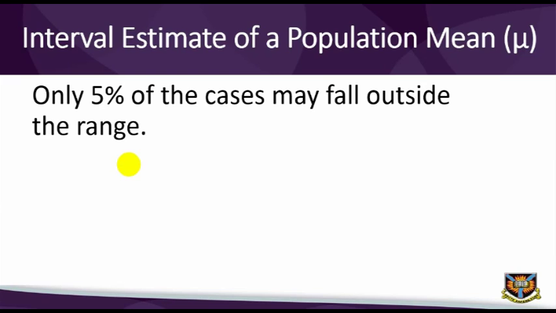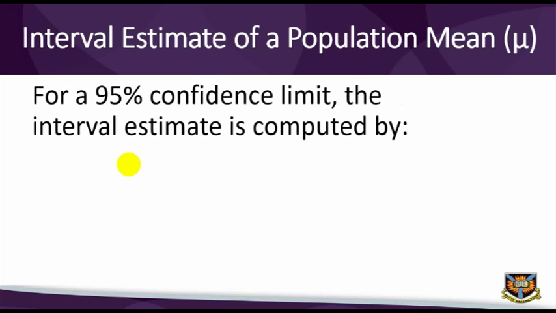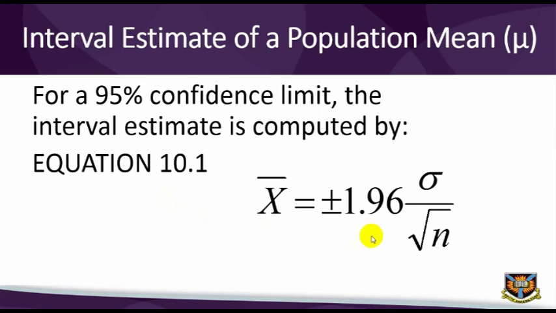Let us now consider the interval estimate of the population mean. For a 95% confidence limit, the interval estimate is computed by x bar plus or minus 1.96 sigma over square root of n, equation 10.1a.